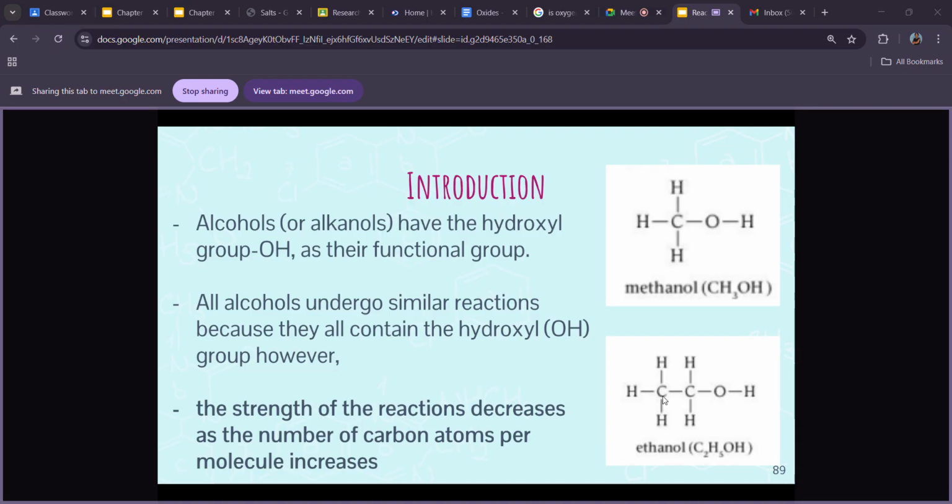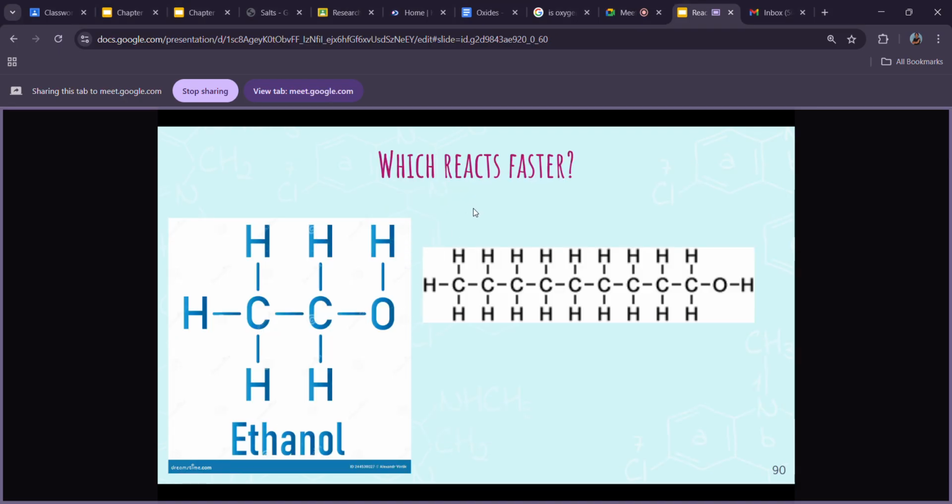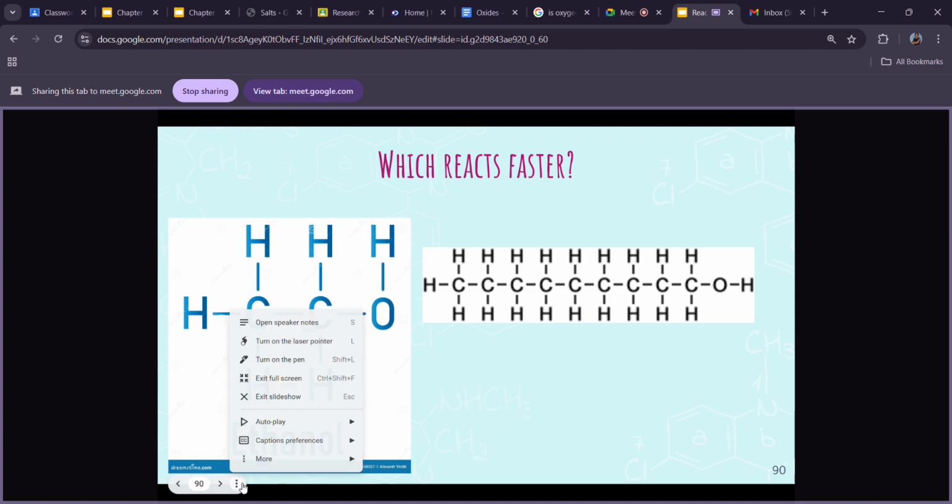All right, moving on. So this is saying which one reacts faster, ethanol or, and I would like for you guys to actually name this alcohol here. So what's the name of that alcohol on the right?